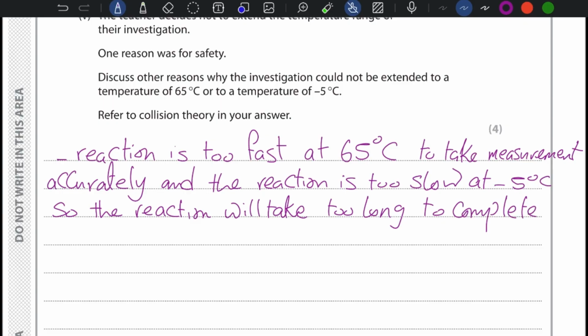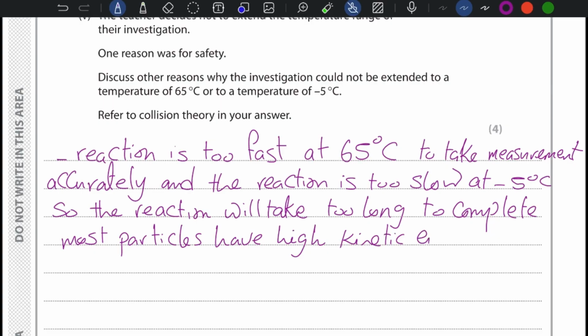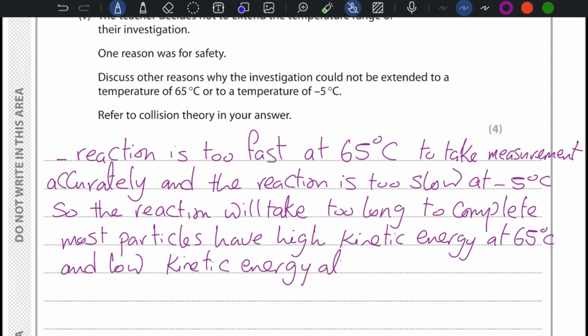But the question is a 4 marks question, so we need to write that most particles have high kinetic energy at 65 degrees Celsius and low kinetic energy at -5 degrees Celsius.